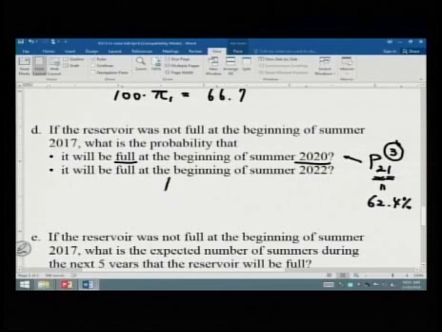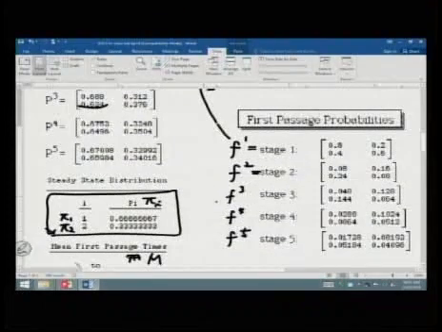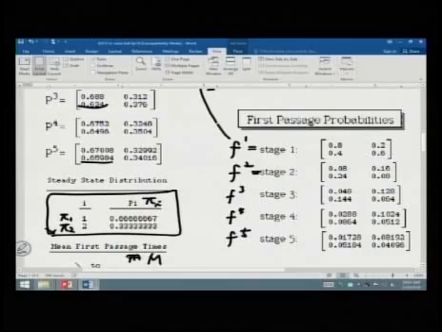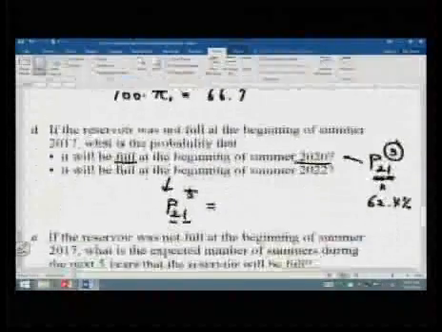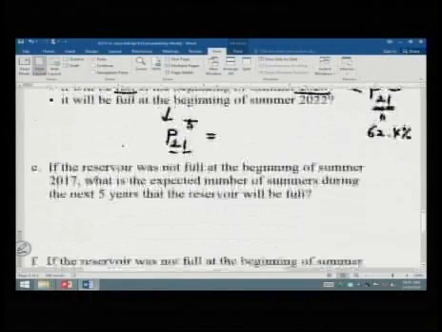Okay. Similarly, how do you answer the second question? Now we need to use the P to the 5th power matrix, with the same subscript. What is this? It's going to be 0.65984. Is that very easy?